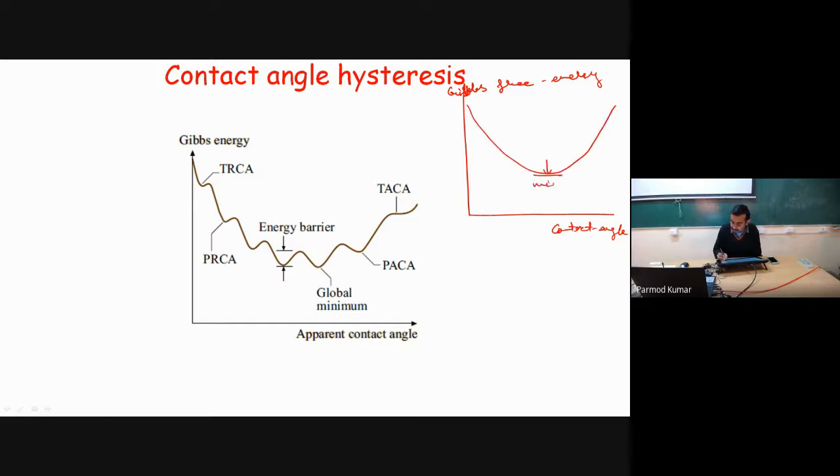So we will have only a single minimum on the free energy plot, and this minimum represents the location corresponding to the equilibrium state of the droplet.